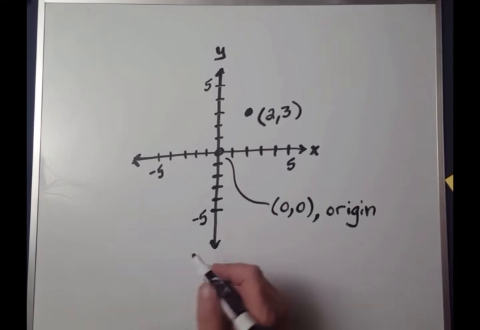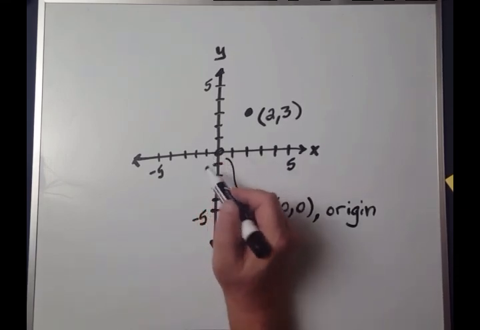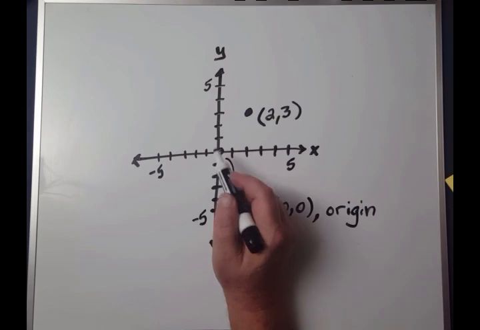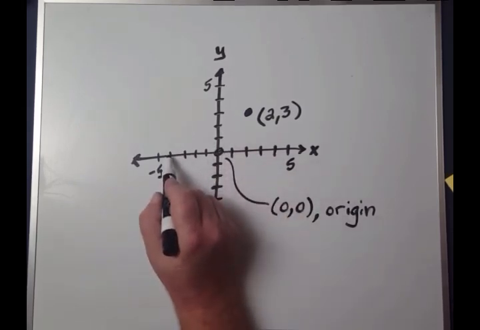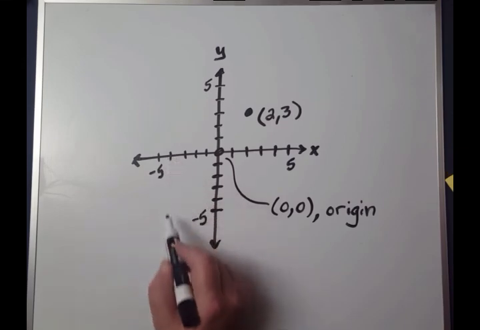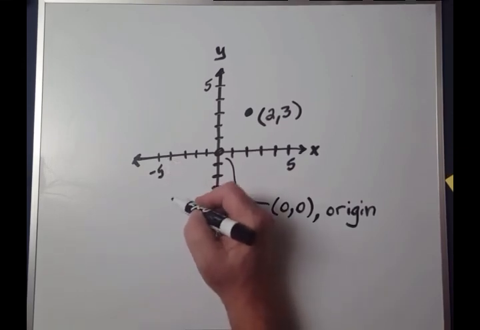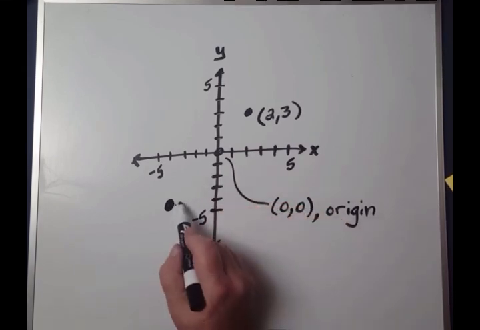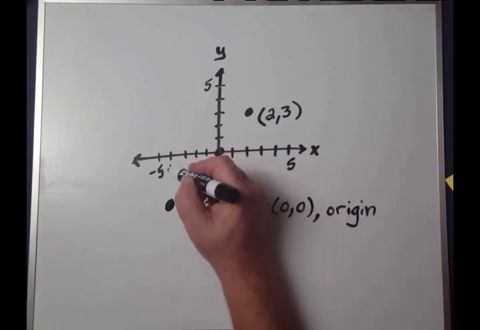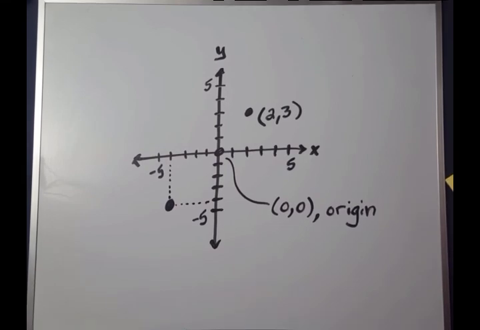Let's throw another point up here just to have another point. How about -4, -4? Okay, back to -4 in the x direction, down to -4 in the y direction, about right there. If you want nice pretty pictures, look in your book, because this is as good as it gets for me on a whiteboard.